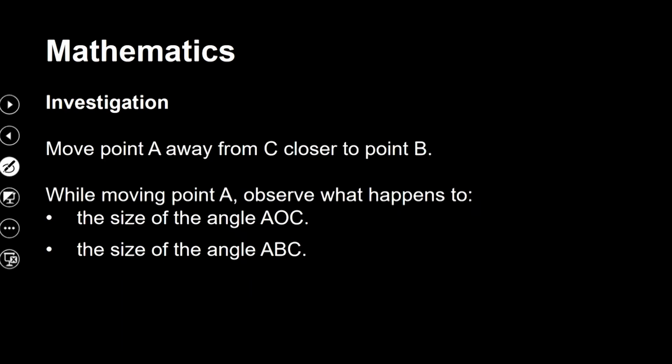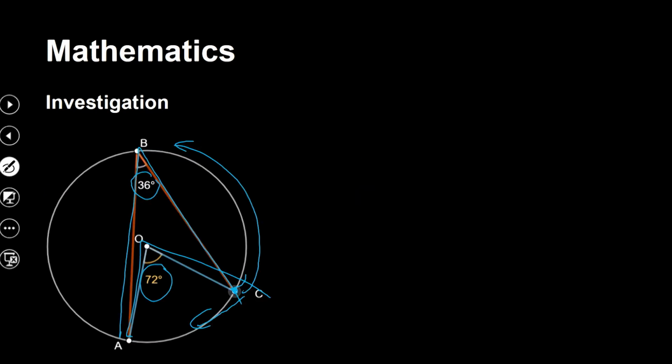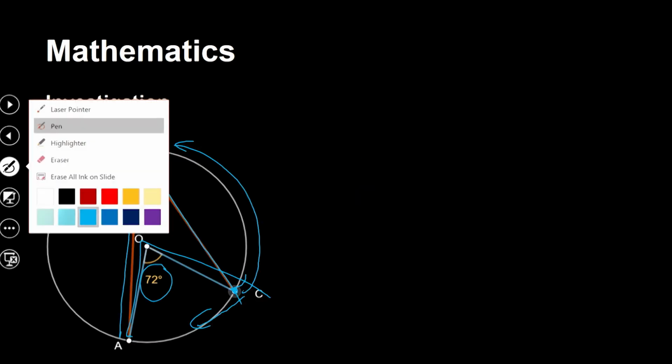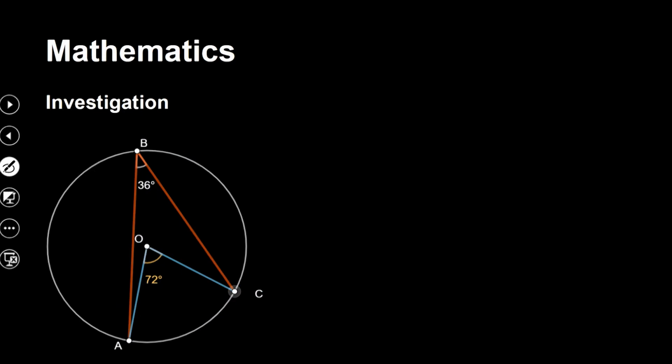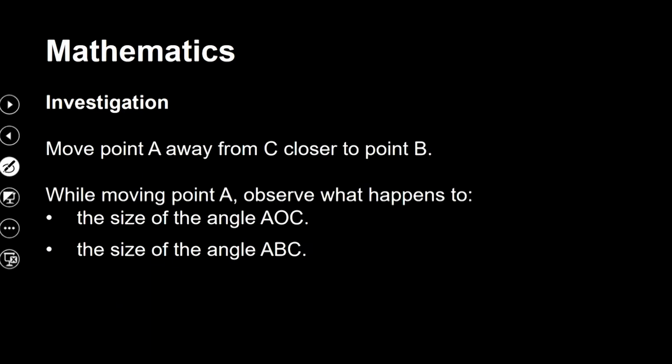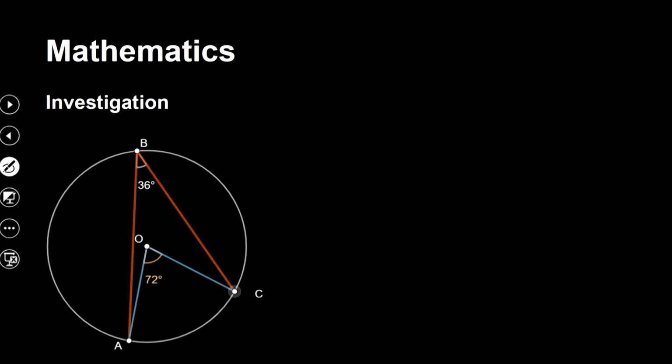Also move point A away from C closer to B. While moving it, observe the very same things that we are talking about. So let me just erase on this thing so I can show you. So here they're saying move A away from C closer to point B, right? You move A away from C, but closer to B, that side.